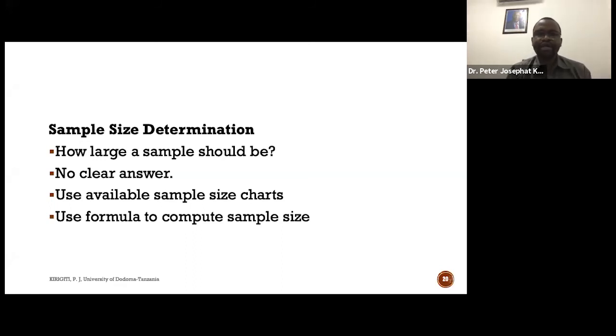We can also determine a sample size using sample size charts, or compute it. We have proportional sample size, we have stratified, and so forth. It depends on the nature of your survey. But here we are saying that you need to be very, very careful in determining the sample size.